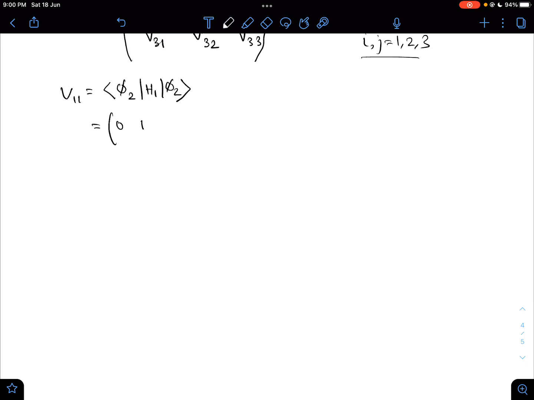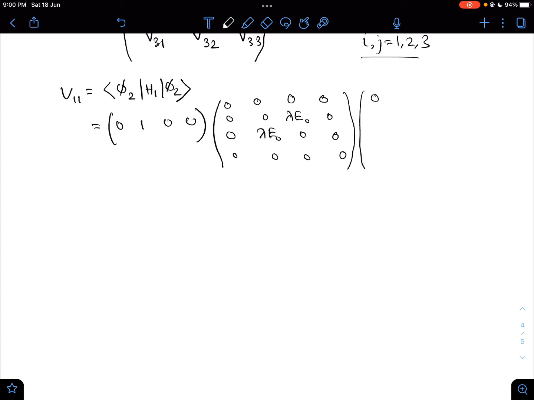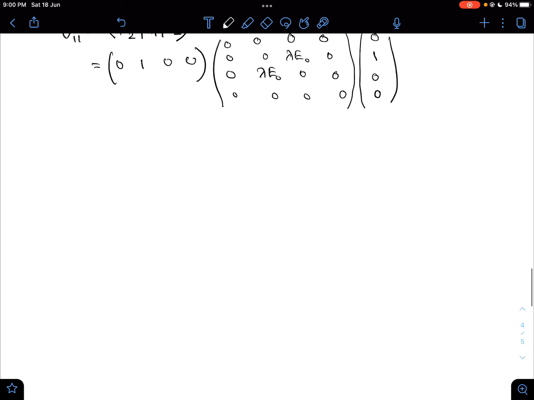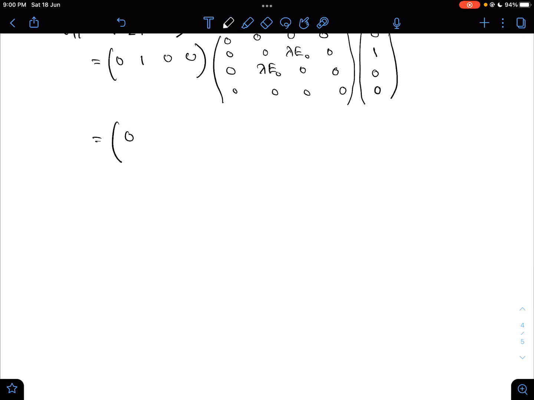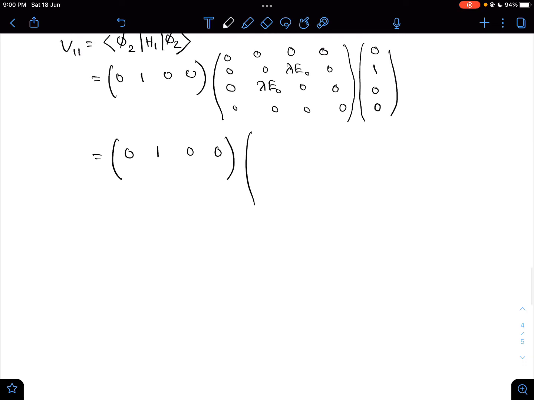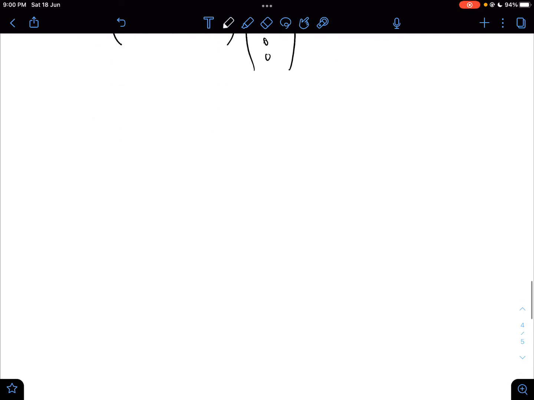We have phi 2, we have our H1 to be 0 0, and this is our phi 2. From that we will get all zeros and our value will be 0. So V11 is 0. Now proceed with V12.